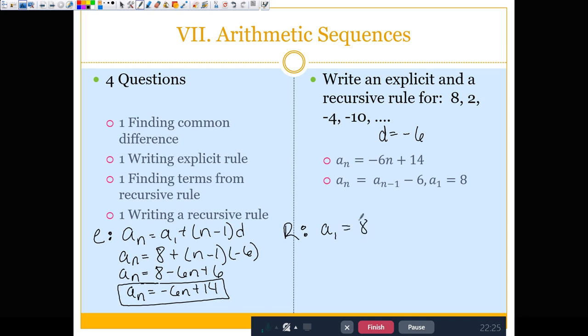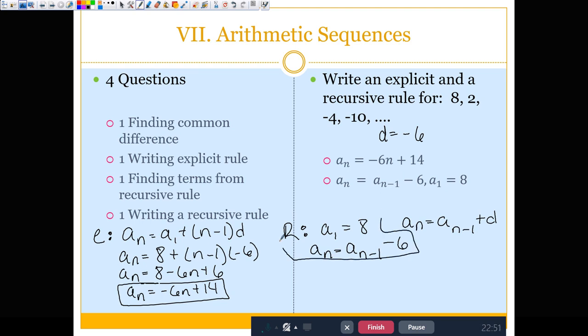So a1 is 8, and then all that's needed for the recursive rule is the equation a sub n equals a sub n minus 1 plus d. So all I have to do is substitute in d, and tell me what a1 is. So a sub n equals a sub n minus 1 minus 6. So that is my recursive rule.